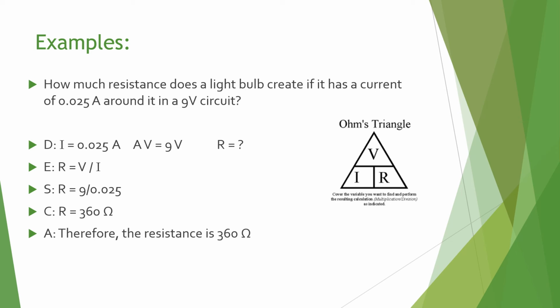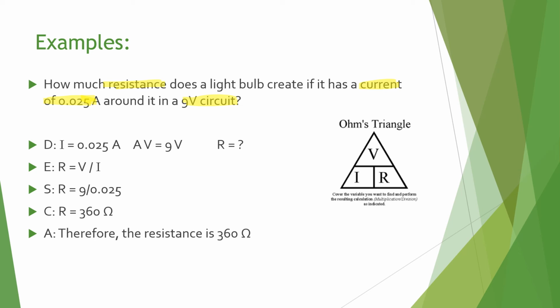Now we're going to use this triangle to answer some problems, which you guys will have some practice of in your booklet. It says here, how much resistance does a light bulb create if it has a current of 0.025 amps around it in a 9-volt circuit?